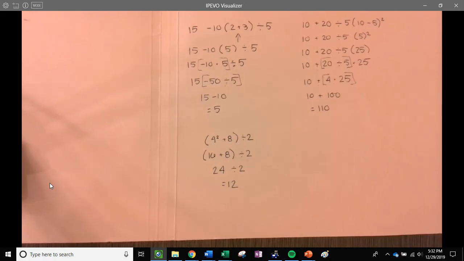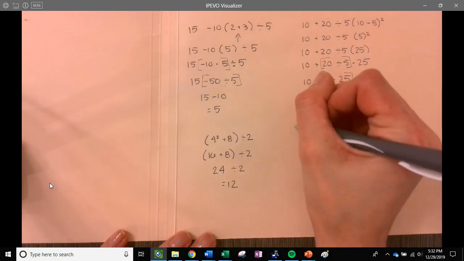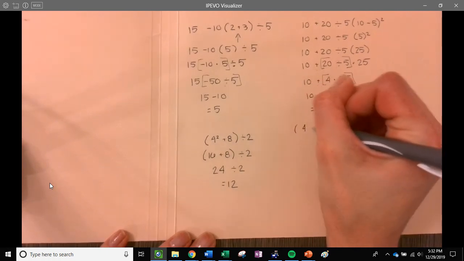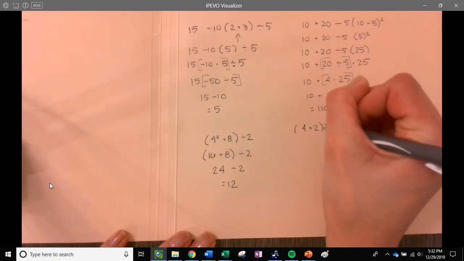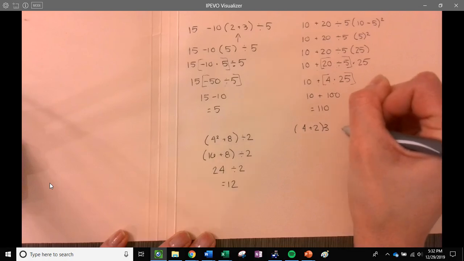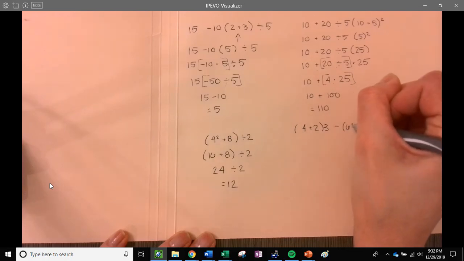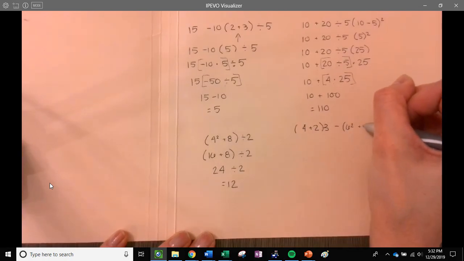Let's get a trickier one in here because I know you guys can handle it. How about 4 plus 2 times 3 minus 6 squared plus 2.